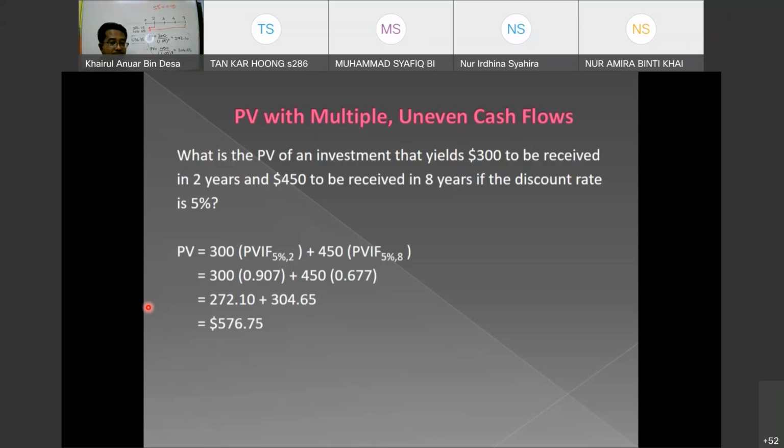Before you start the new calculation, you have to clear the memory first. Dapat tu? Before you start any calculation, please clear the memory. Kalau tidak, memory tu akan jadi compound, tambah.